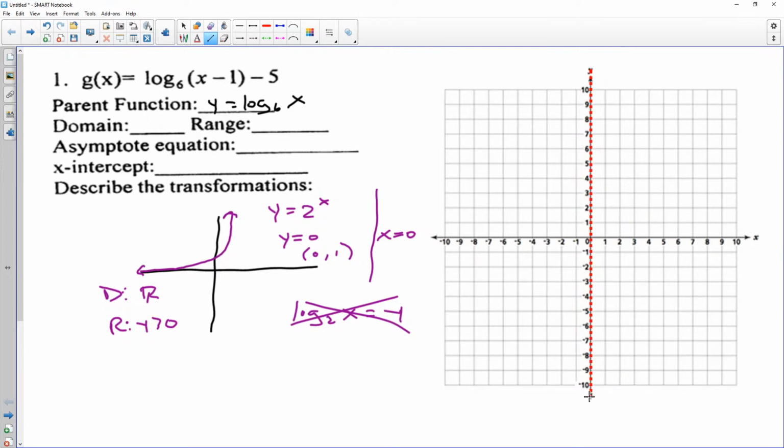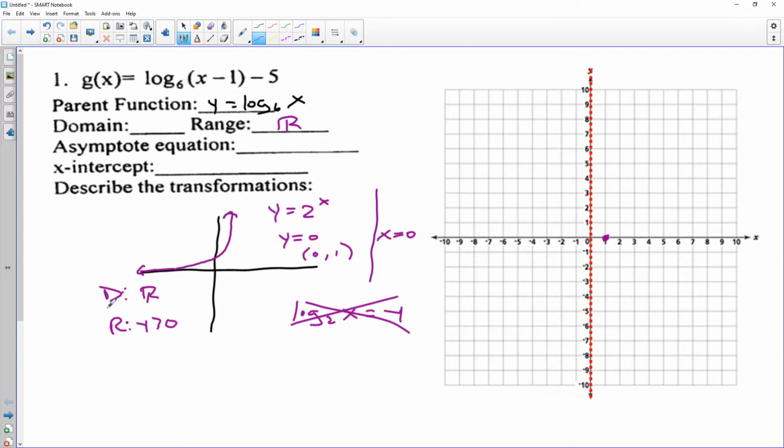This is my asymptote for the parent function. Instead of the y-intercept being at 0, 1, there's going to be an x-intercept at 1, 0. Instead of the domain being all real numbers, we're going to say that the range is all real numbers. So I'm going to put that here. This is true of every log function: the range is all real numbers.